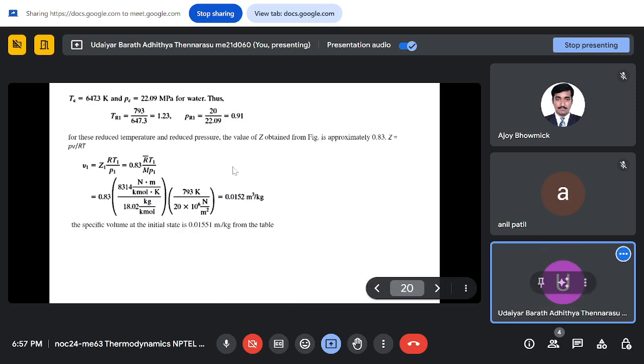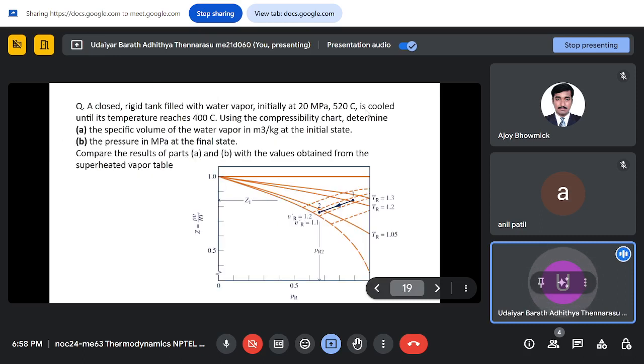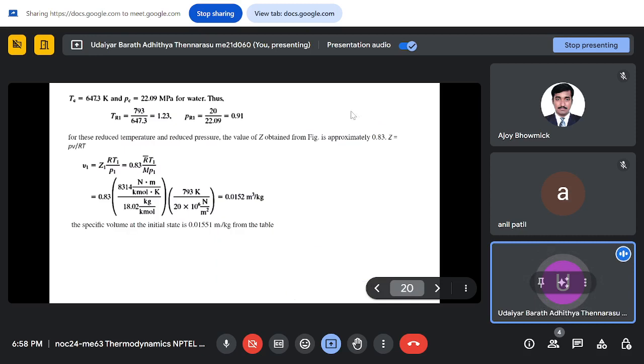So for water, we know that the critical temperature is 647.3 Kelvin and critical pressure is 22.09 megapascal. So from this we can find the reduced temperature as 793 by 647.3. 793 is corresponding to 520 degrees Celsius, so 520 plus 273 divided by 647.3.